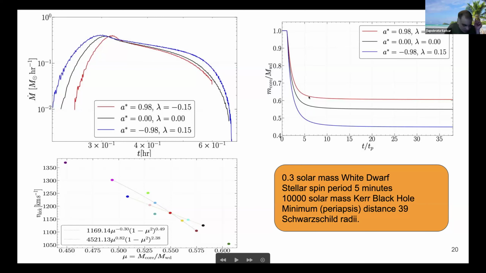And then there are some other results. We would not bother too much about this. I'm almost going out of time. What we saw was how the Kerr black hole spin couples, meaning the black hole spin and the stellar spin, what are the joint effects?